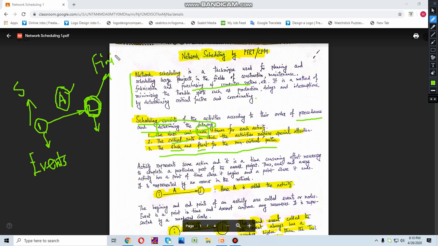Now you can understand that this is the starting event and this is the finishing event, and the combination of the starting event and the finishing event gives you an activity. So what you need to know while discussing these scheduling problems is the starting time for this event and the finishing time for this event. That is where it is required.